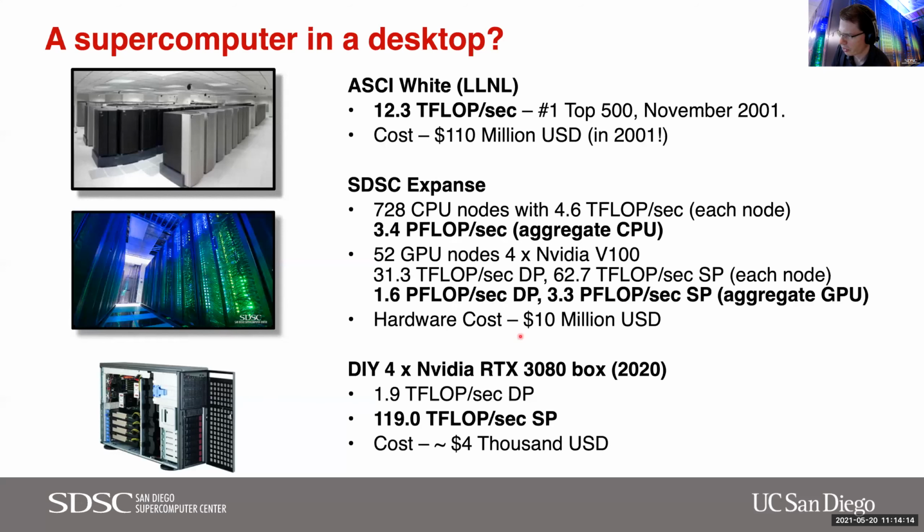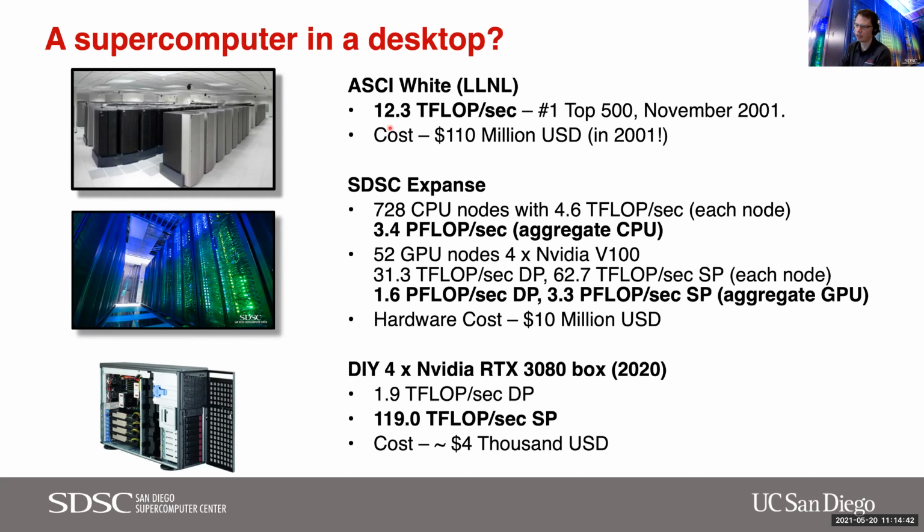If you want to build your own little supercomputer, you can do that. You buy these gaming GPUs, and that costs you around $2,000 if you get them at retail price. And you see, you get 10% of the double precision performance of the entire supercomputer here from 20 years ago. So it's pretty impressive, right? And you get 10 times the performance in single precision as the supercomputer.